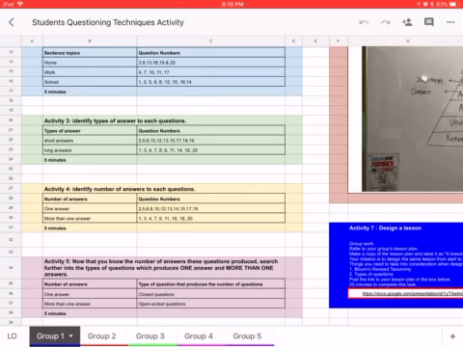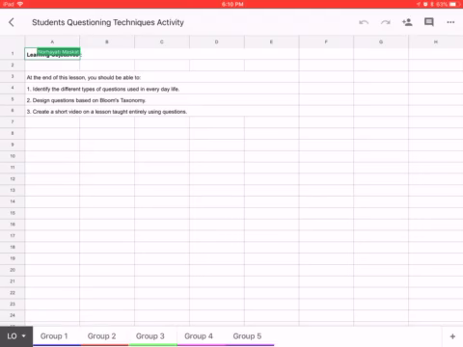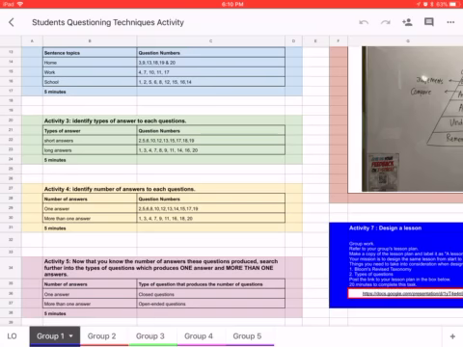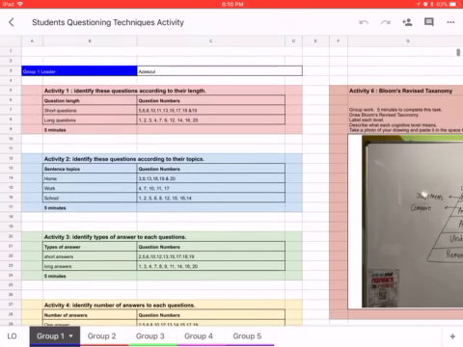So after starting with the learning objectives, each group will go into their own group tab and they have the same activity where they need to complete each activity in 5 minutes.